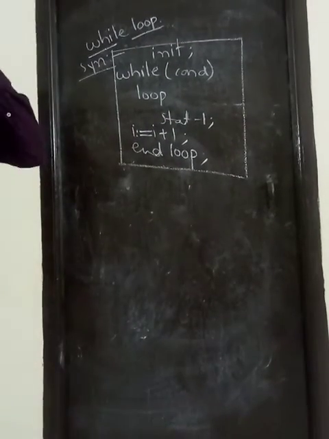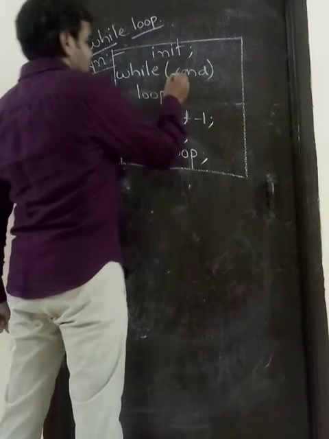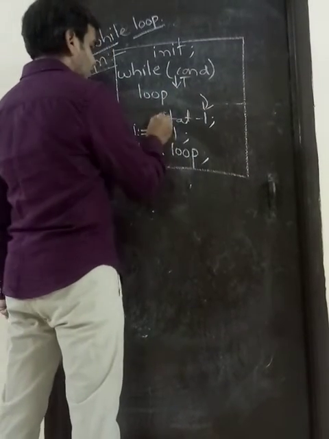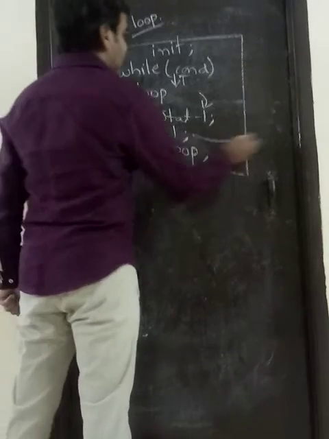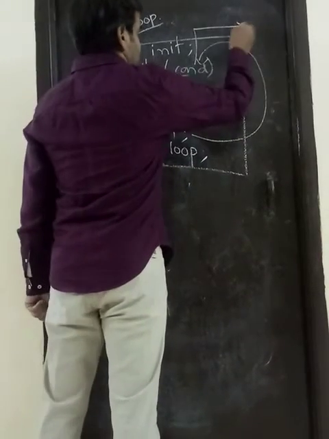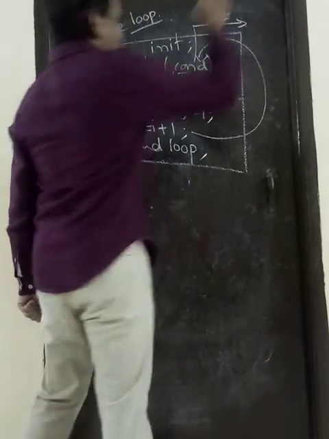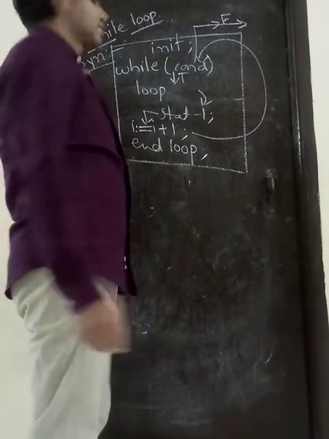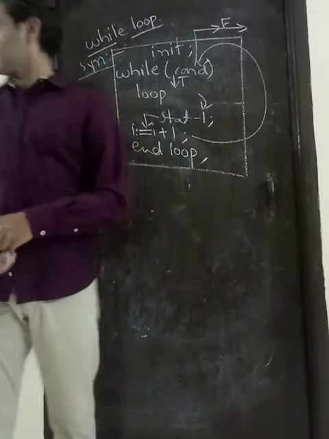So first initialization, while condition, if the condition is true, it will execute statement 1, then again it goes to incrementation, again checks the condition. If the condition is true, it repeats; if the condition is false, exit. See, similar to C language.